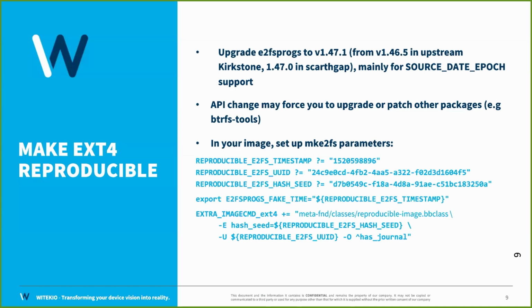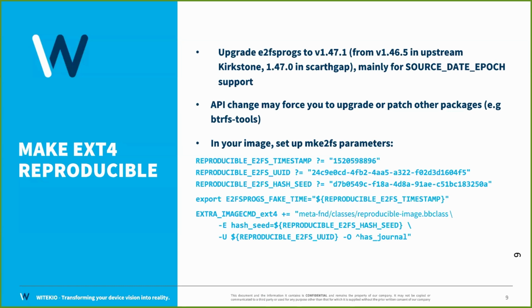But usually it is already set by the global configuration of Yocto. You have a UUID to define and a hash seed. Here I give an example where everything is set with fixed, completely arbitrary values.